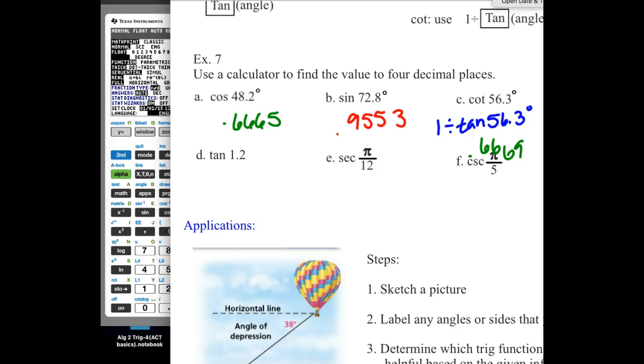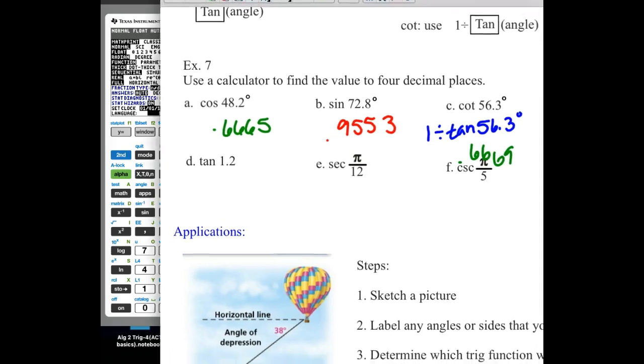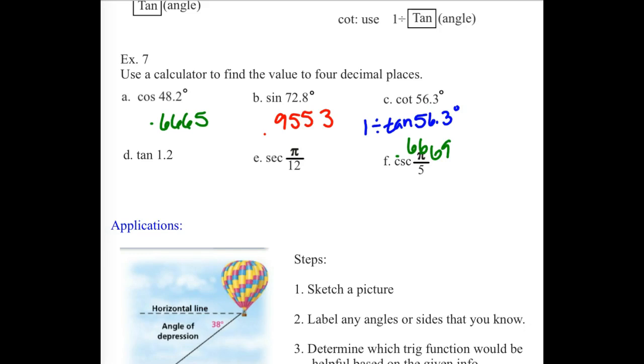You do have a pi key on your calculator. All right, so tangent of 1.2 radians should be 2.5722.